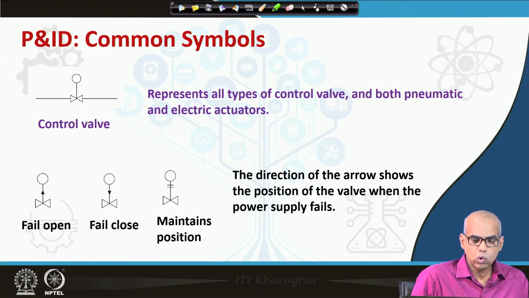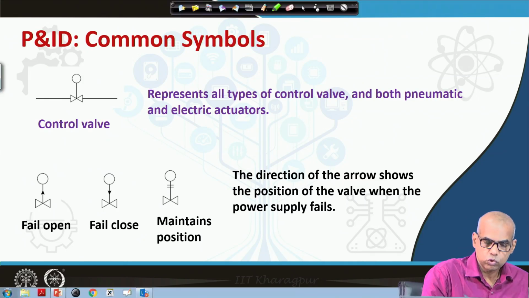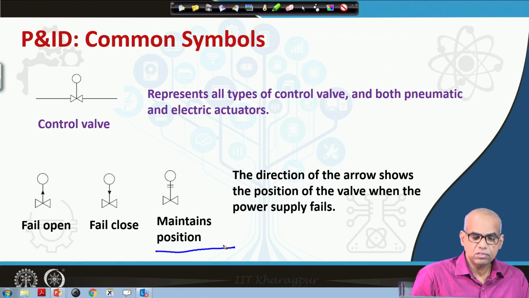Fail open, fail close, and this one maintains its stem position when the power fails. The direction of the arrow shows the position of the valve when the power supply fails.